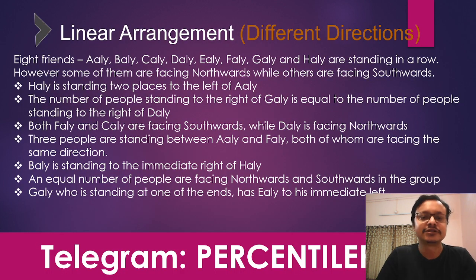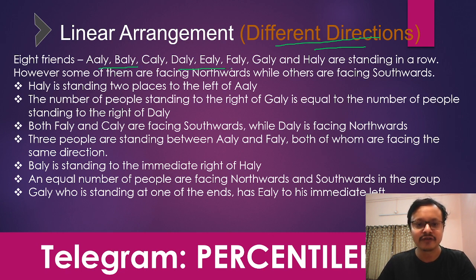So let us look at today's set, which is a linear arrangement where people are facing different directions. Here you have 8 friends, A to H, who are standing in a row. Some of them are facing northwards while some of them are facing southwards. So basically this group of 8 people can be divided into 2 groups, those facing northwards and those facing southwards. Fortunately, they've given you the breakup.